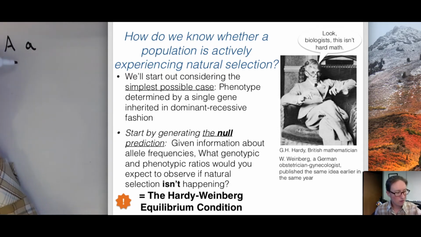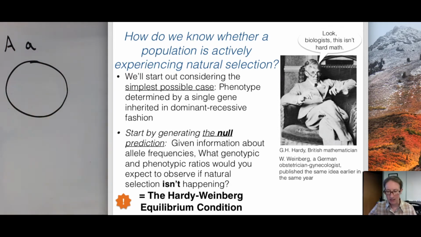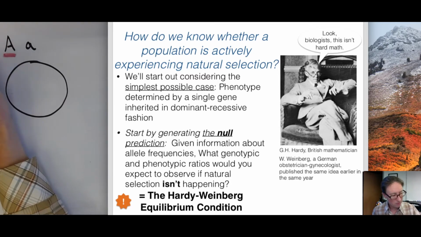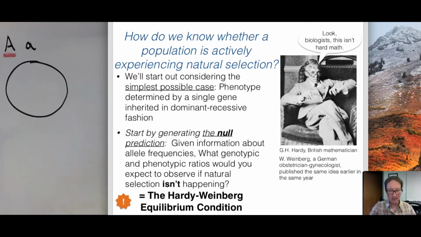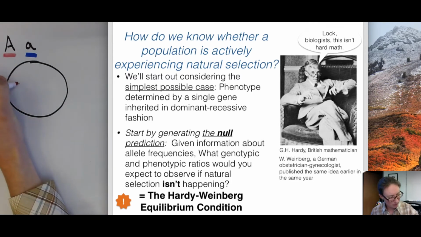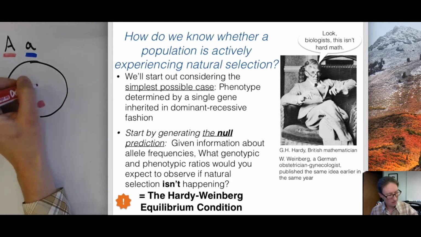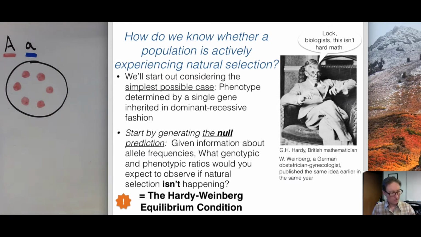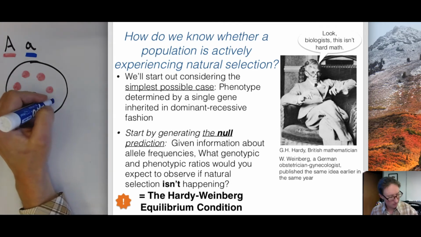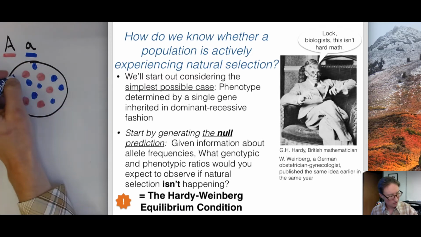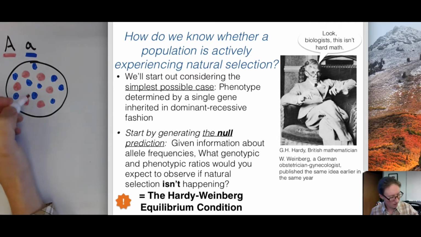And so if we were to look at a population and look at individuals in that population, we can use maybe red for the big A allele, and how about blue for the little a allele, right? So we might have some individuals that are homozygous dominant in our population, some individuals that are homozygous recessive in our population, and then some individuals that are heterozygous.